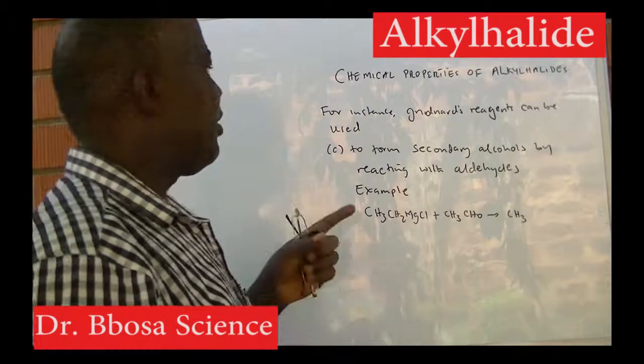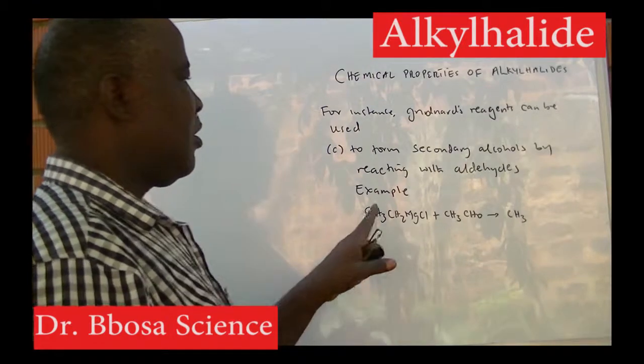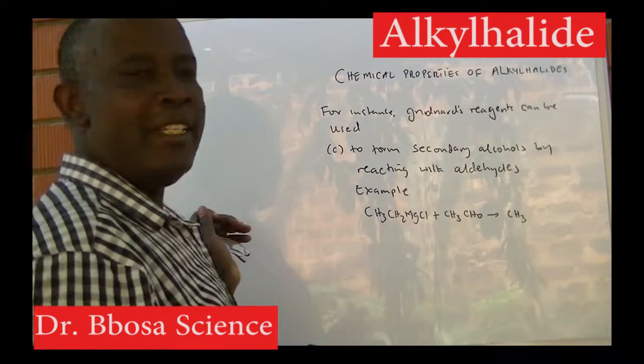Grignard reagents can be used to form secondary alcohols by reacting with aldehydes.